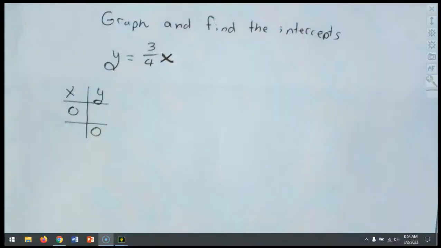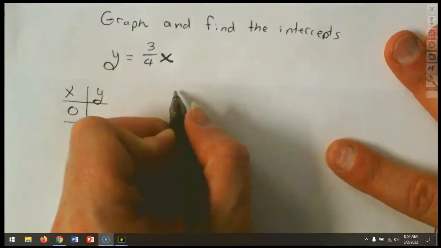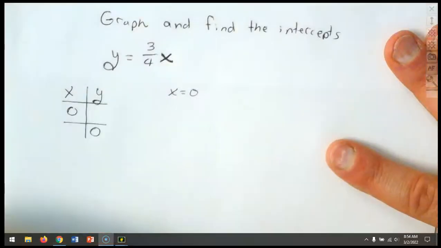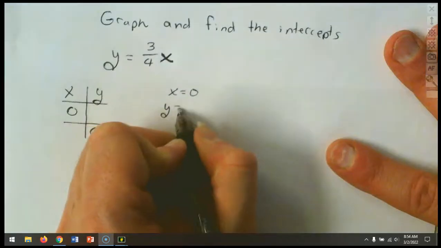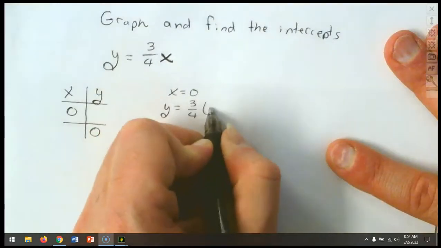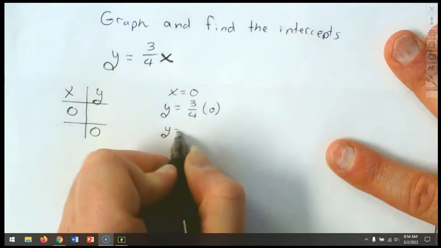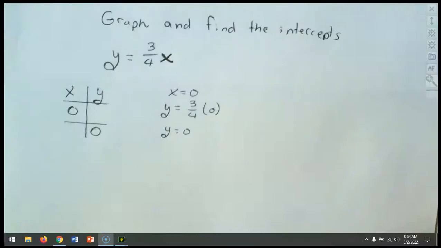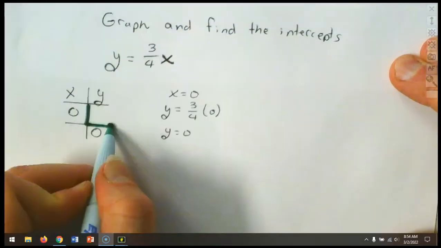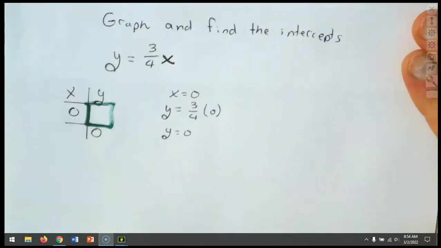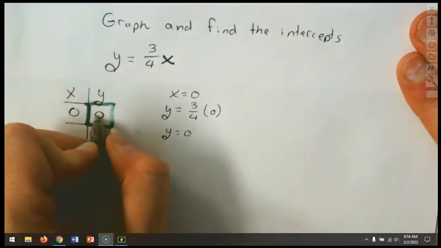Okay. Now, what's going to happen is when we work it out, we're going to get double zero. So when we plug in x equals 0, then we get y equals 3/4 times 0, which is y equals 0. And when you get one of them to be 0, the other one's automatically going to be 0, double 0.